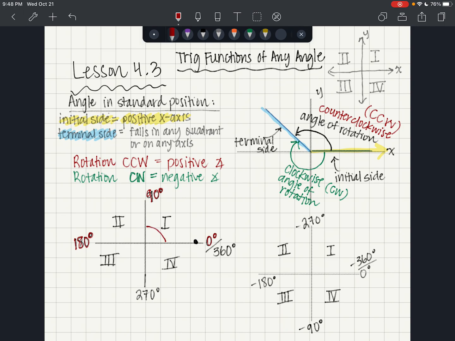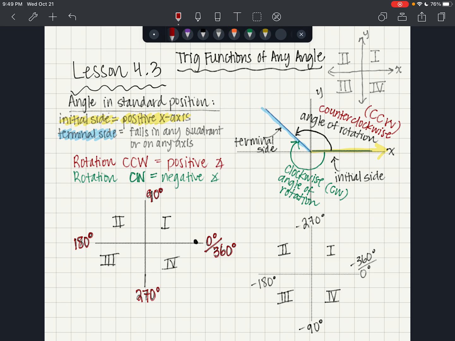So each quadrant is 90 degrees. If you go all the way around the entire circle, you would make it to 360. So 0 degrees and 360 degrees happen to be in the same location.